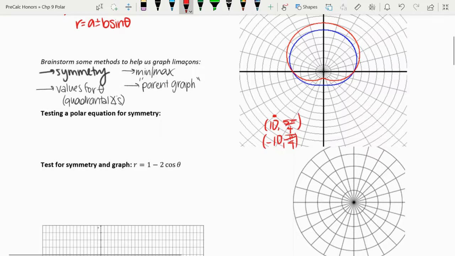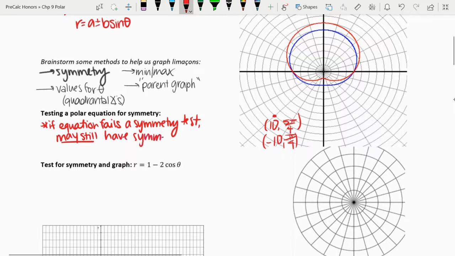So unfortunately, if the equation fails a symmetry test, it may still have symmetry.